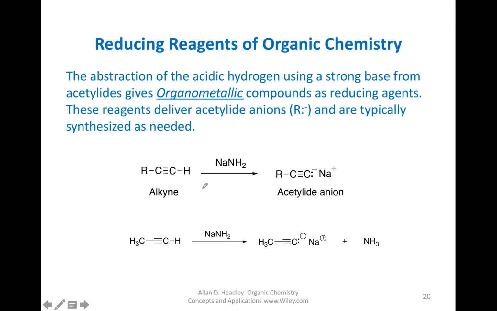Let us look at another type of reducing agent, and this is called the acetylide anion. Let's see what it looks like. If you have an acetylene or alkyne with a hydrogen here, you will recall from the chapter on hybridized orbitals, this is an sp orbital, which means that this is an sp carbon, which means that this hydrogen here is acidic.